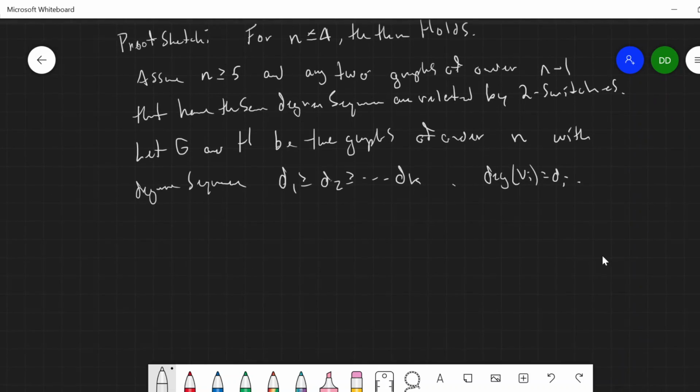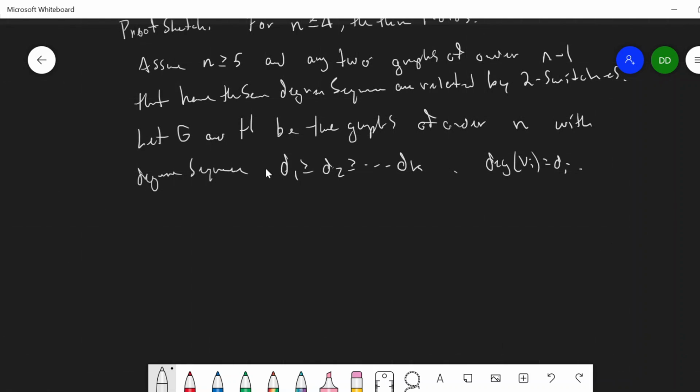So what we're going to do, we're going to use Theorem 1.10 here. So let's say by Theorem 1.10, we can take our graph G, right? This is some graph in this set G_S from Theorem 1.10. And so we can turn this into a graph G1 using two switches.